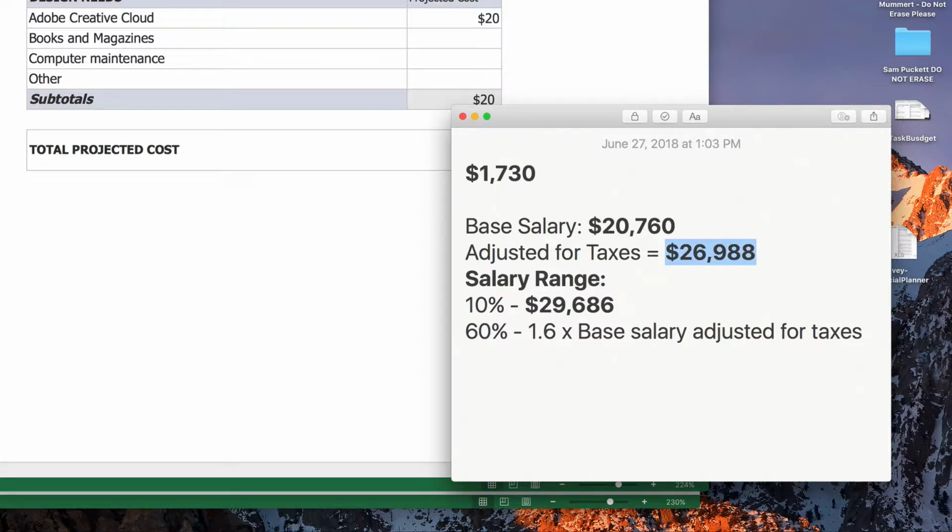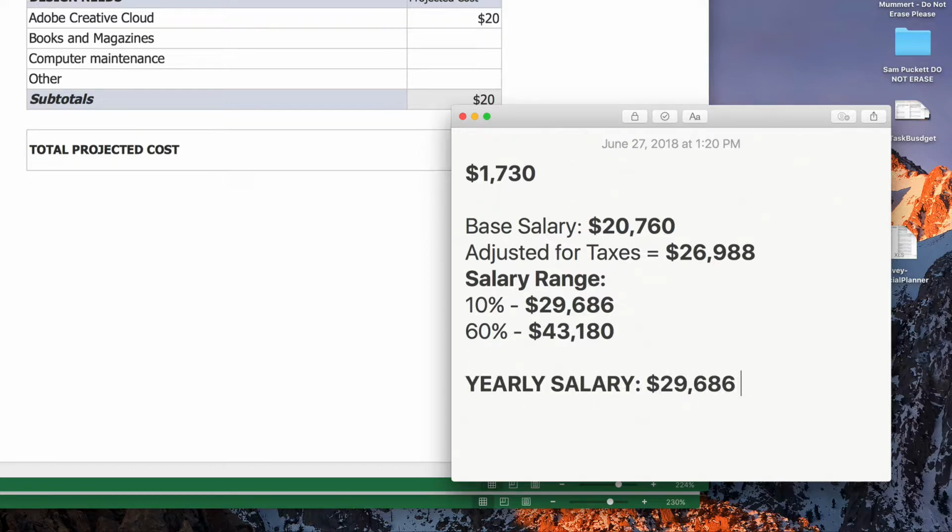In my case, this gives me a high value of $43,180. So this annual salary range is what you should aim for in order to cover your cost of living, your taxes, and any personal growth and savings. Obviously, if you find a job that's above this number, it's even better.